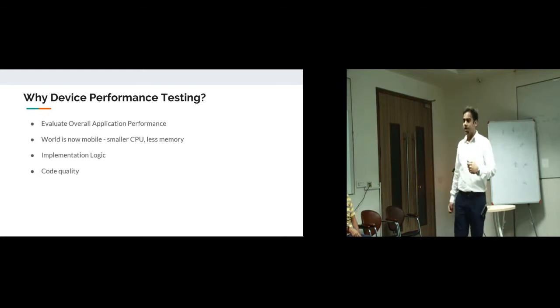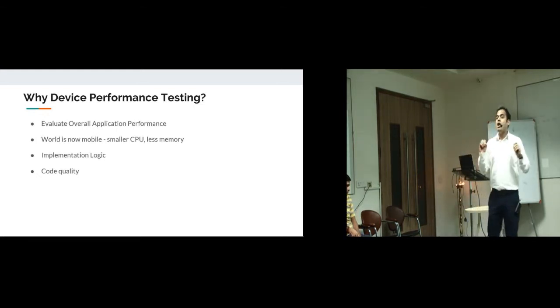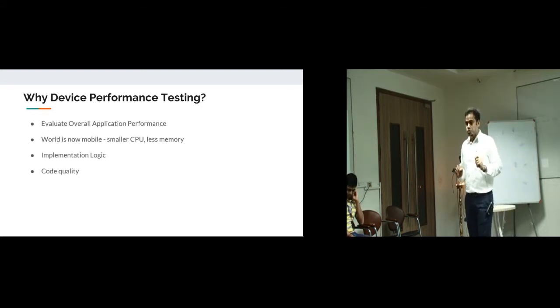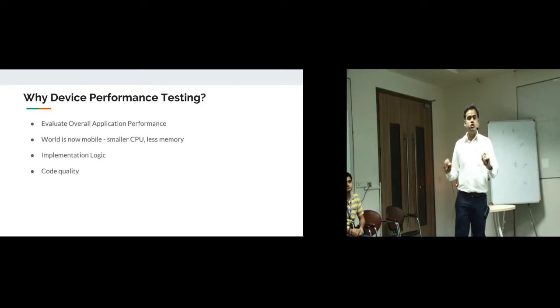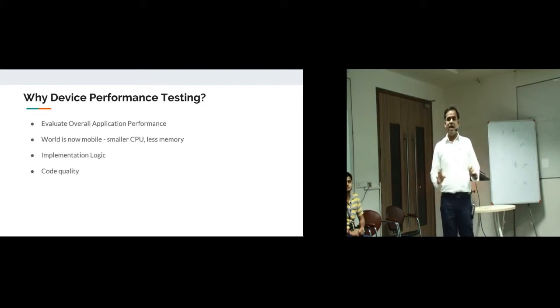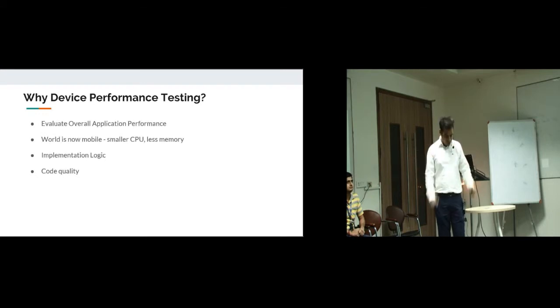What I mean here is the way logic is implemented, the way APIs are consumed, the way code is written, code quality could be dramatically wrong and could lead to memory leaks, higher CPU utilization, higher battery consumption, overall a poor device performance.